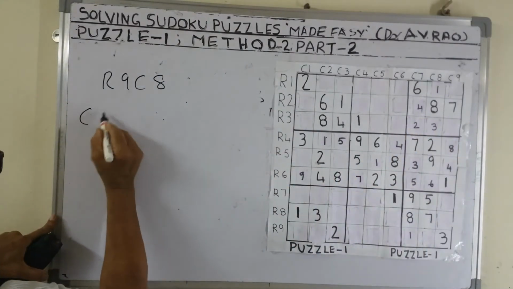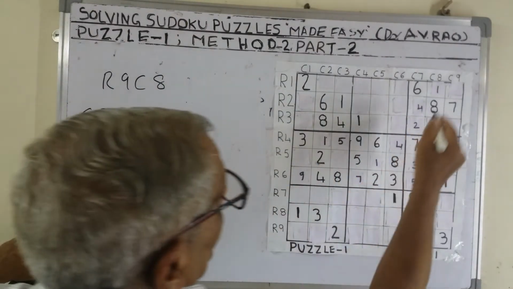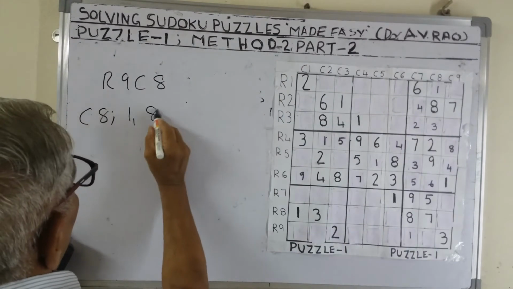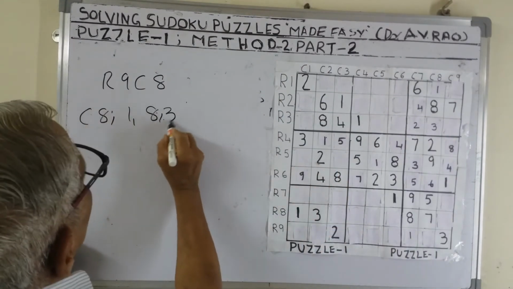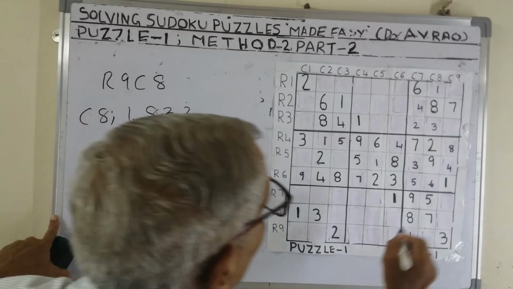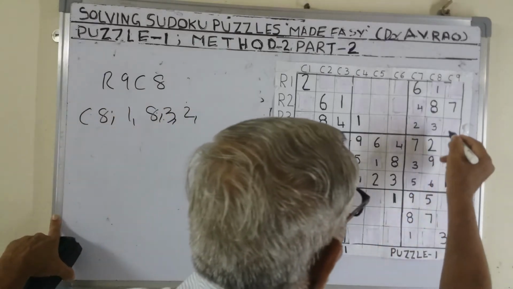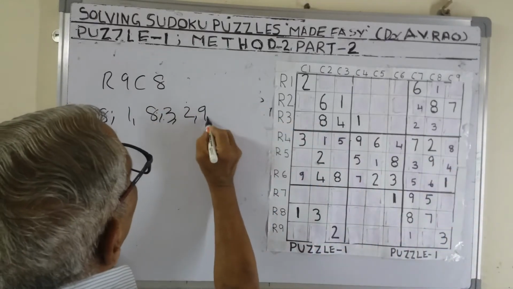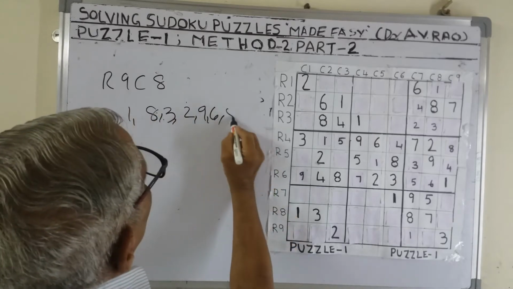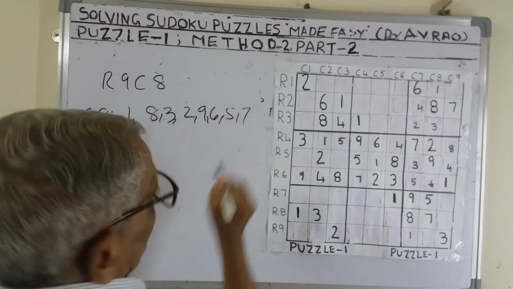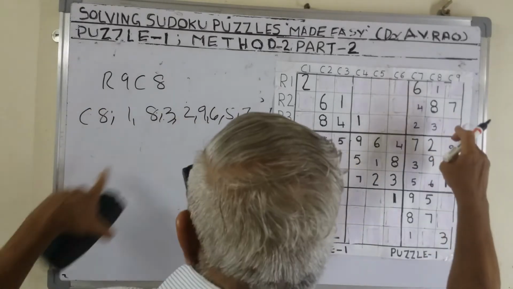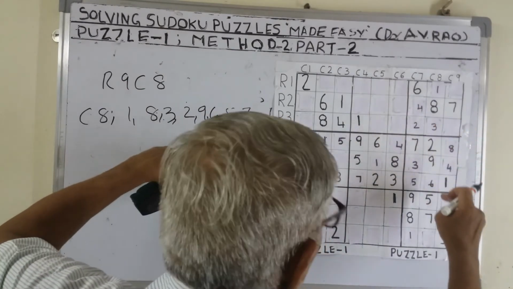Let us write C8. What are the numbers? 1, 8, 3, 2, 9, 6, 5 and 7.